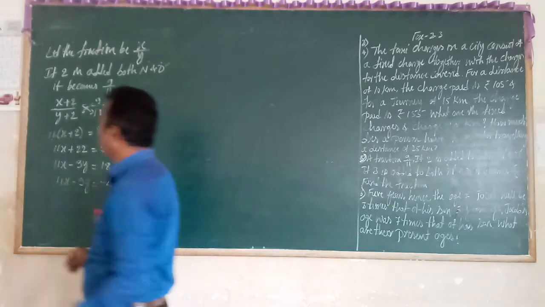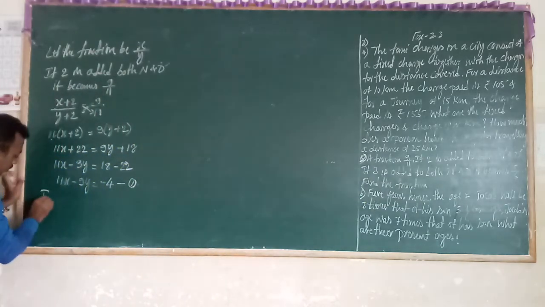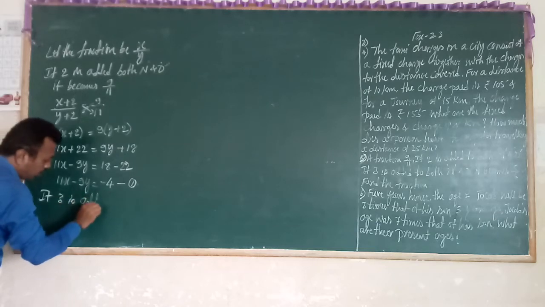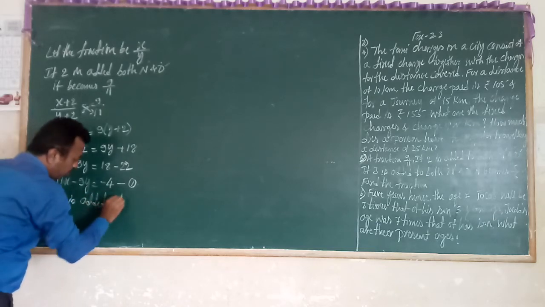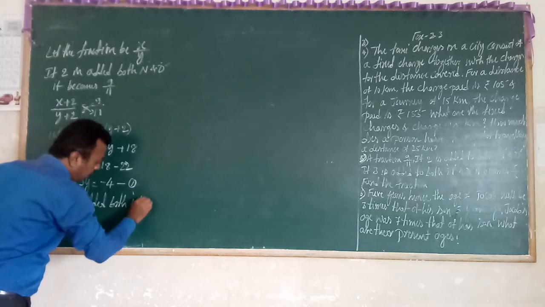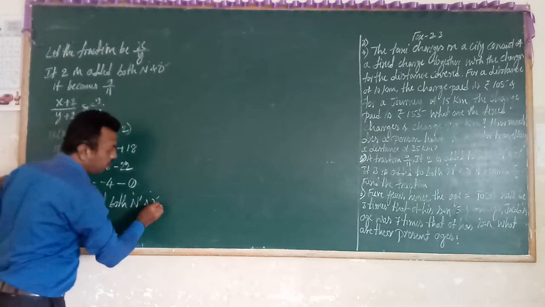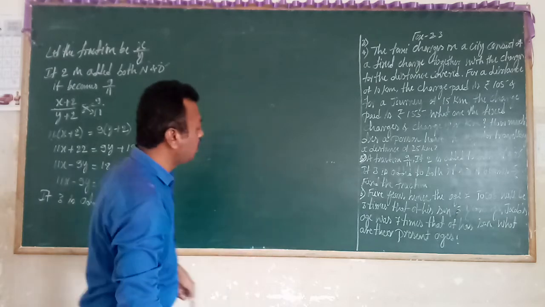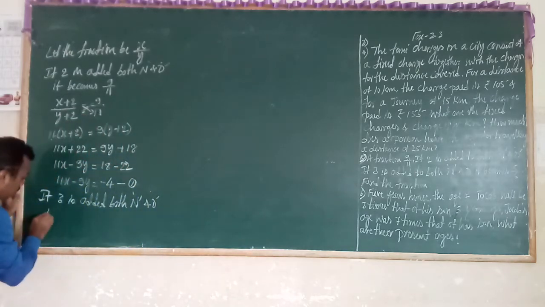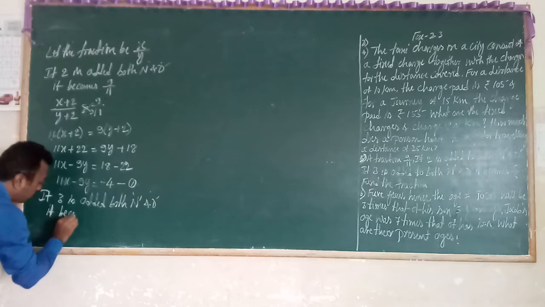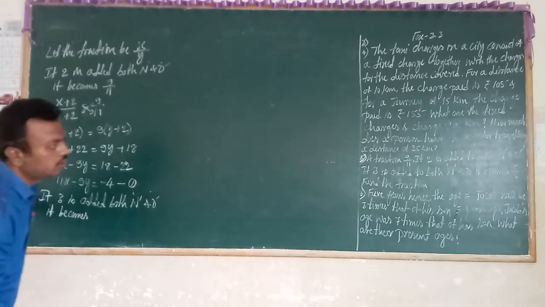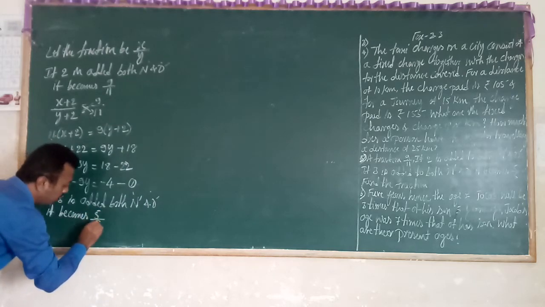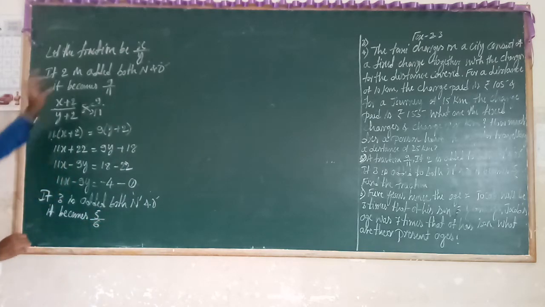Same. If 3 is added to both numerator and denominator, it becomes what? It becomes how much? 5 by 6. That means this is the fraction.